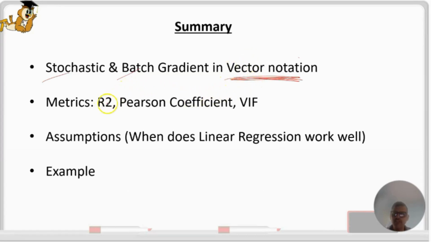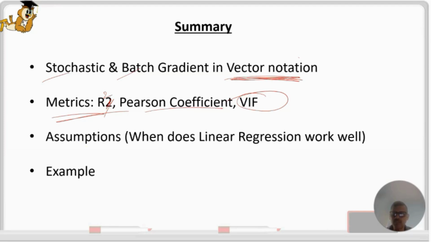We then defined a few metrics to evaluate the efficacy of our linear regression. In particular, we used the R square score. We looked at the Pearson coefficient. We looked at the VIF, variance inflation factors, and so on and so forth. So these were some of the metrics that we defined. We also looked at several assumptions on the data.